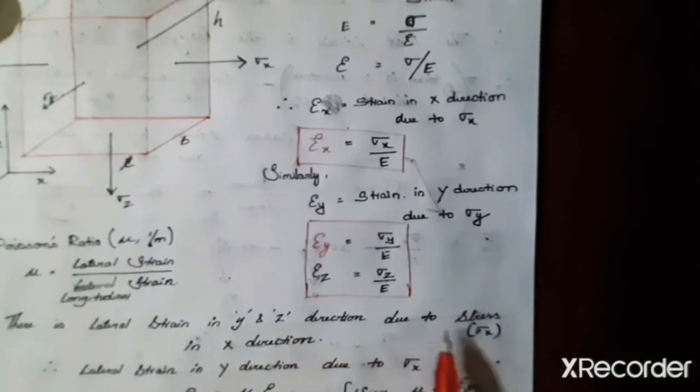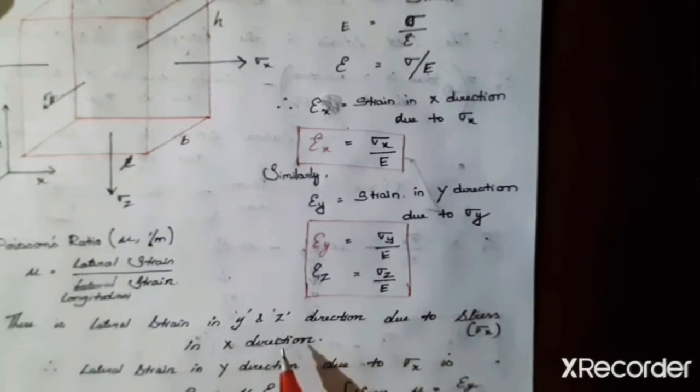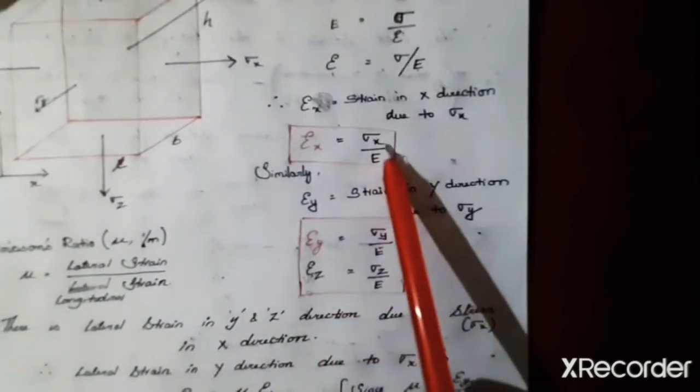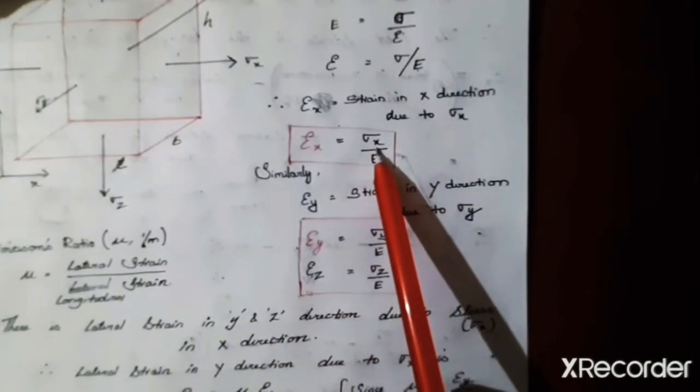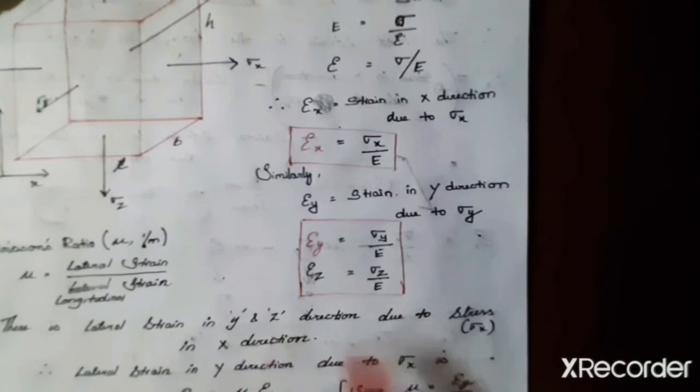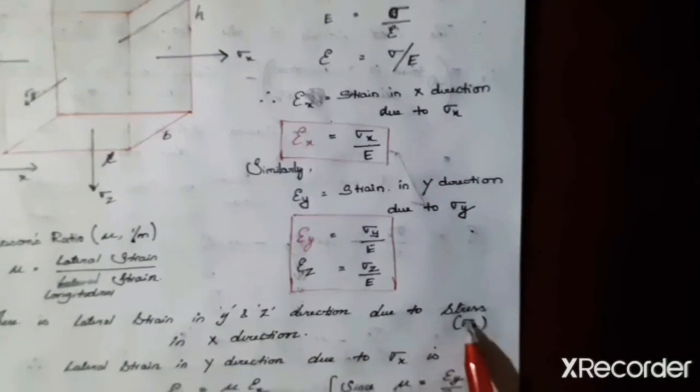Okay, we have seen the lateral and longitudinal strains when we discussed strains in lecture 2. So this is the longitudinal strain because of sigma x, and this is the lateral strain in y and z direction because of sigma x.